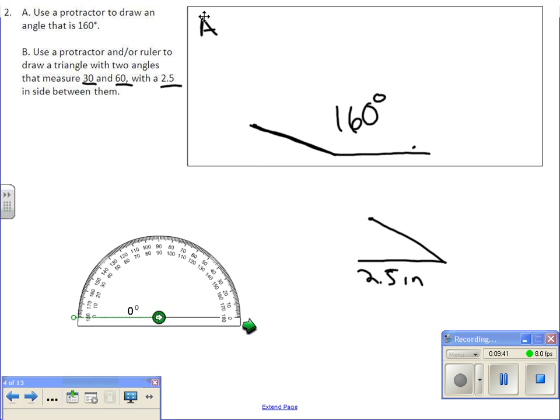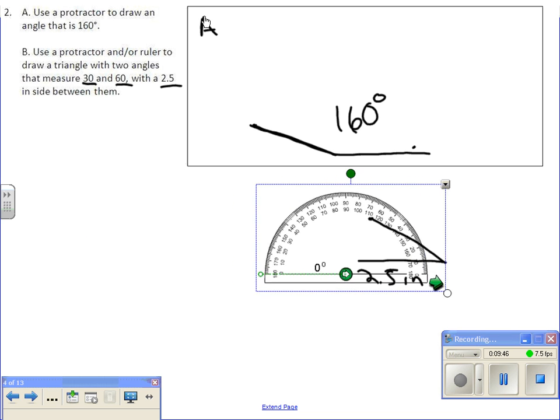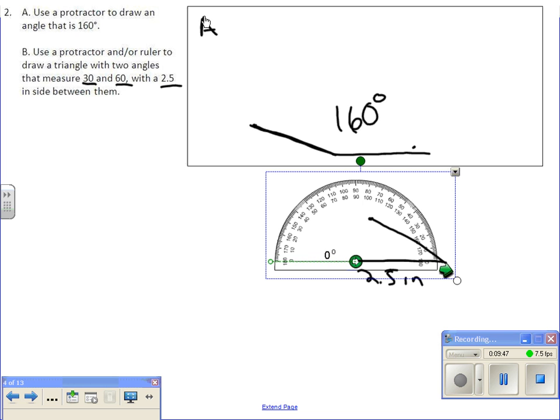Now I'm going to measure my 60 degree angle off of the other side of the line. So I'm going to line it up right here. I'm going to measure this way on my protractor, and put a dot right there.